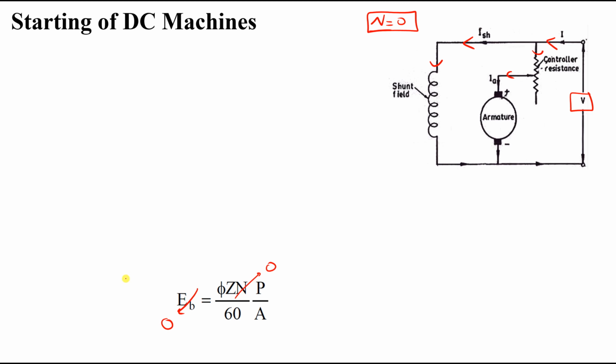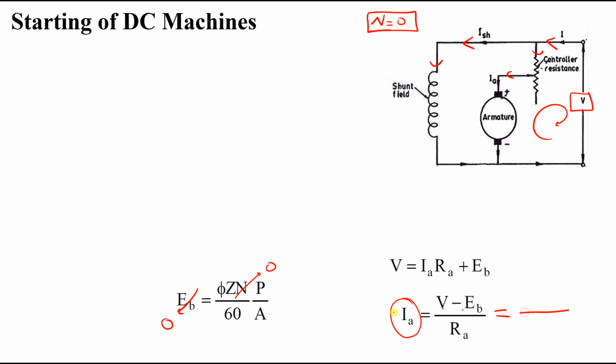So what is the problem with this? You will find that at the very beginning the equation of current is equal to V minus E back, from KVL here, divided by R armature. So when E back equals 0 at the very beginning, I armature will be V terminal over R armature.